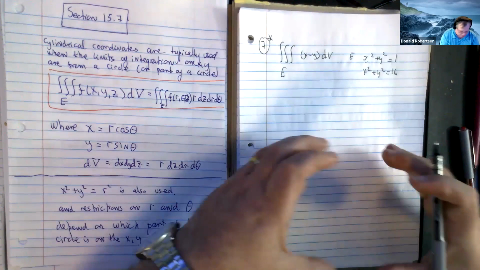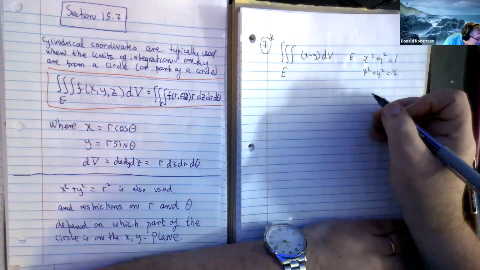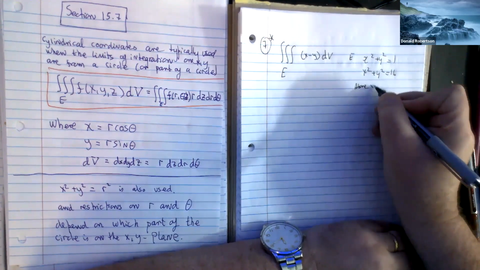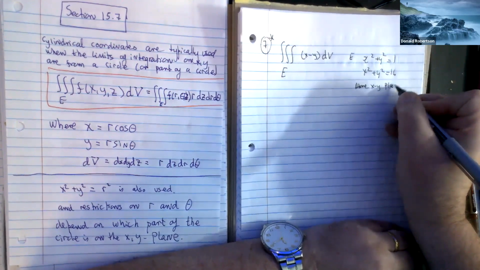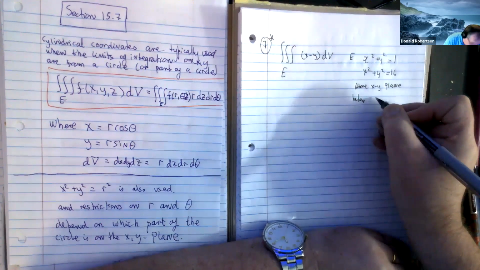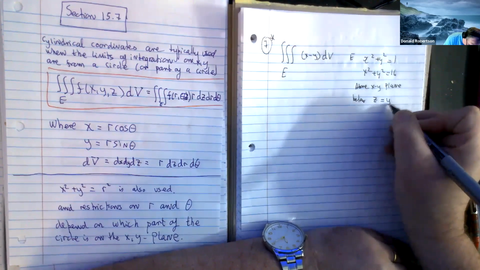So you can imagine a big cylinder and a little cylinder. And it's above the xy plane, and it's below z equals y plus 4.